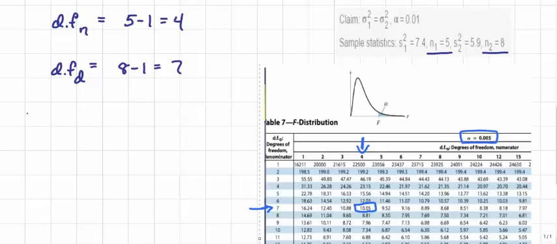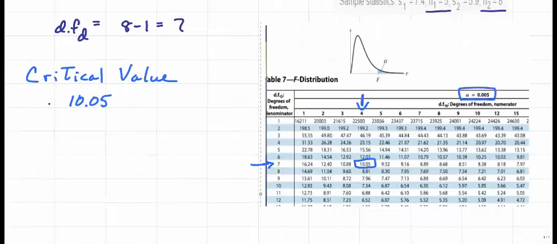Alright, so the critical value is going to be 10.05. And now we're going to go ahead and calculate the test statistic. Okay, so we know that F sub 0, our critical value, is equal to 10.05.